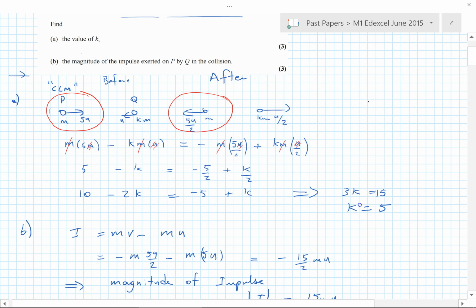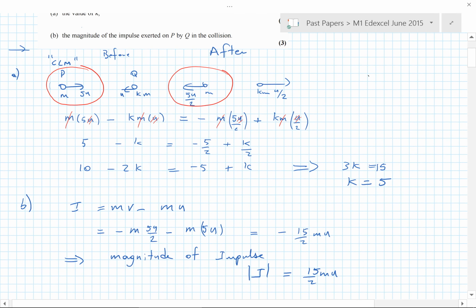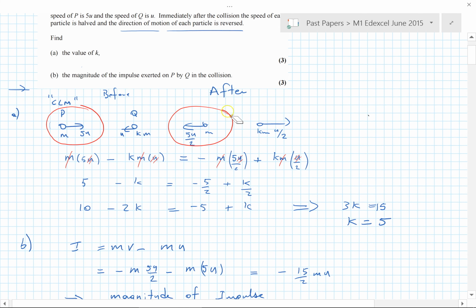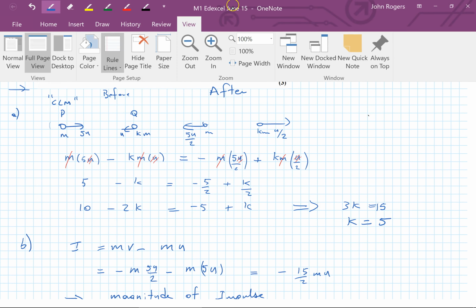I just didn't want to get too mixed up with the signs, so I just went with the standard formula here. Had we chosen to do, well, I might as well do that, just for those of you who might have done it this way.